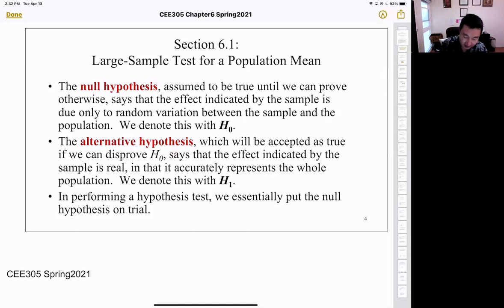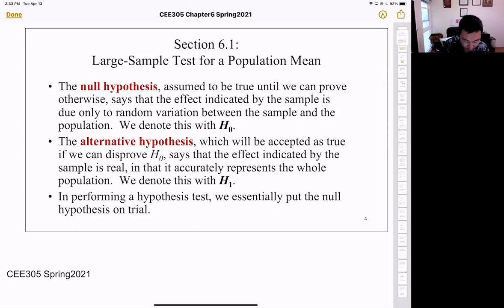So what does this mean? It basically tells us the sample does not reflect the population information. We call the null hypothesis H0.